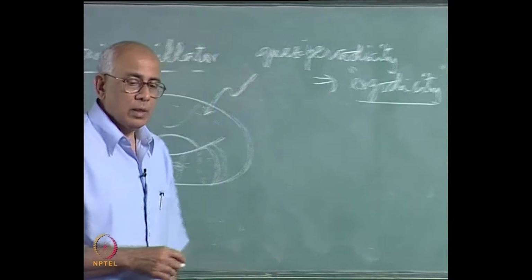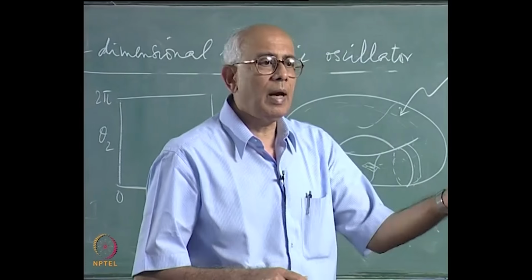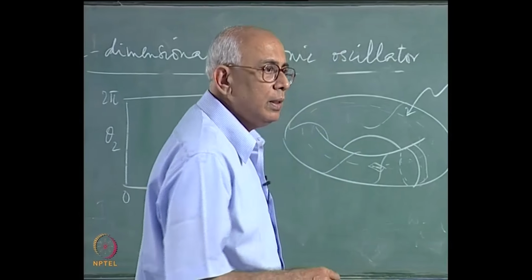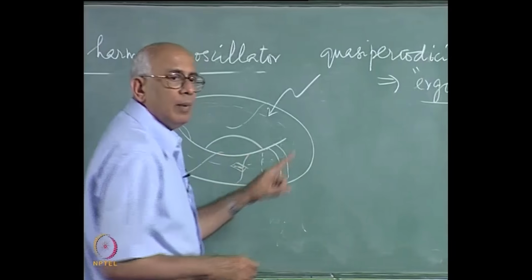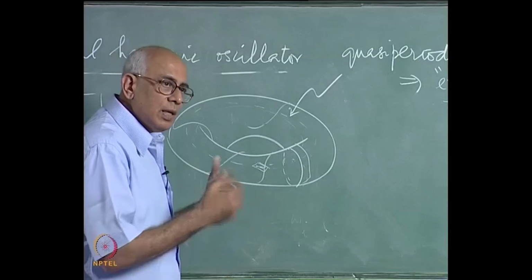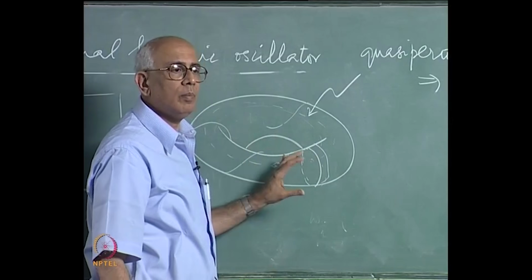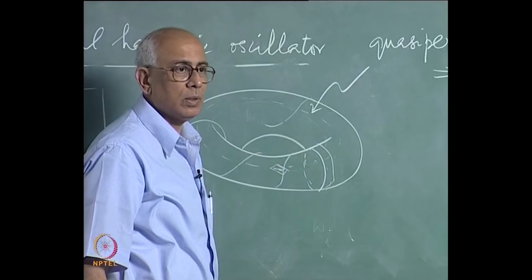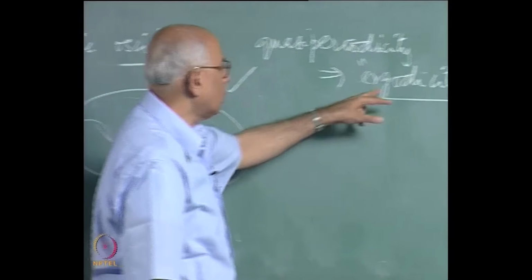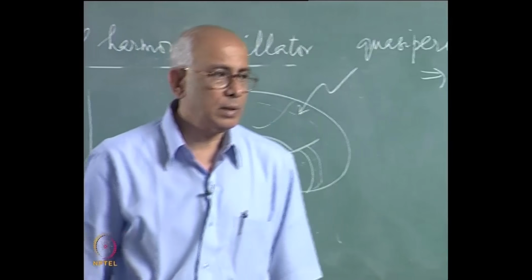What that implies is, if you want to compute long time averages of any physical quantity, you can replace the long time average by a statistical average with a uniform measure on this torus, a uniform probability distribution on this torus, and that is the implication of what this word ergodicity means.